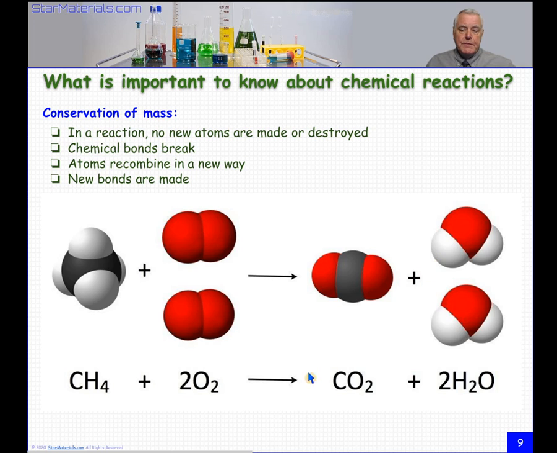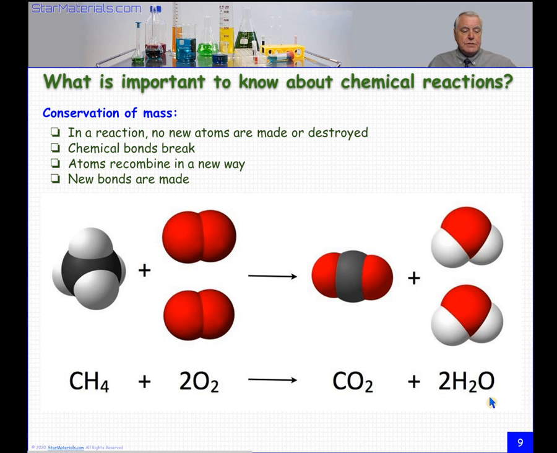Let's count the atoms. 1 black one, 1 black one. 1, 2, 3, 4 white ones. That's the hydrogen. Notice the 4. 1, 2, 3, 4. And on the other side, 2 times 2, 2, 3, 4.